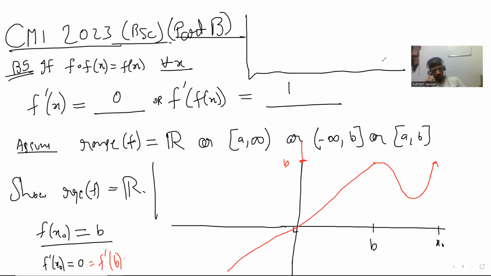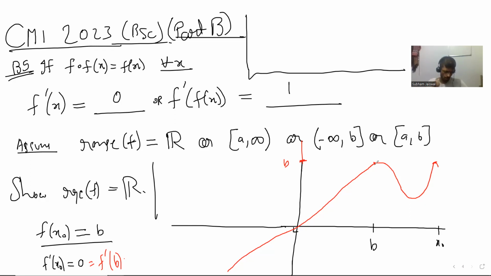Some x naught. Right. So I think if that B is not attained again, if B is only attained once, then can you show that the range is all?